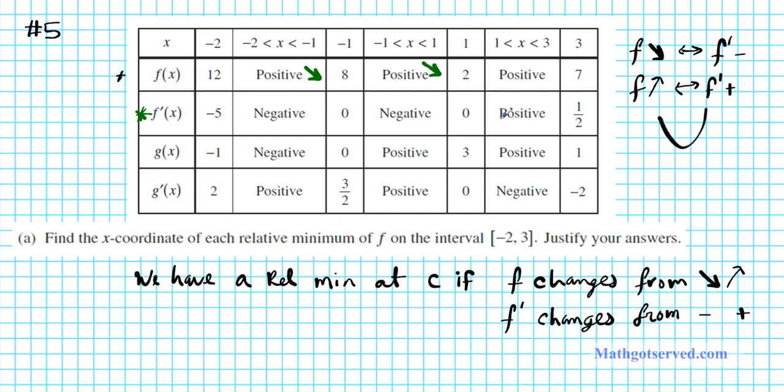If f prime is positive on this interval, that means f is going to be increasing. Okay, so you see it's decreasing, decreasing, and then increasing. Even though you have a critical point at -1, it's not the minimum because it decreases, probably flatlines, and then it continues decreasing. And then here, when the derivative becomes 0, it turns around and it starts to increase.